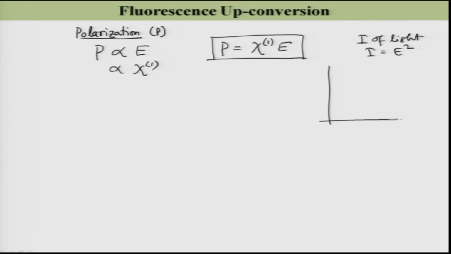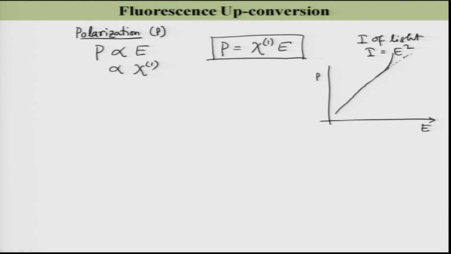If I now plot P versus E, then I will get a straight line, right, because P is some constant times E. But if you extend it, what people have seen is that this line deviates from linearity.